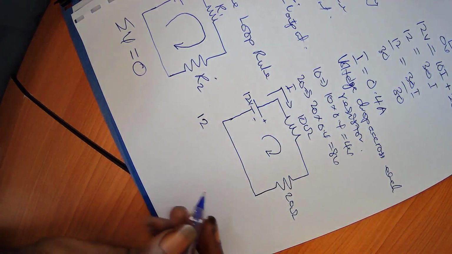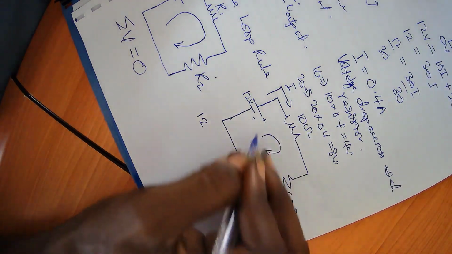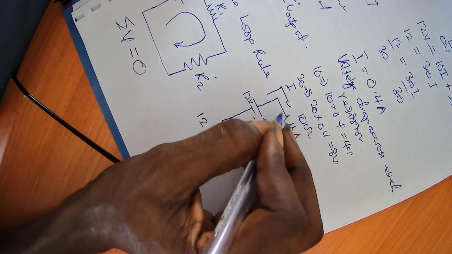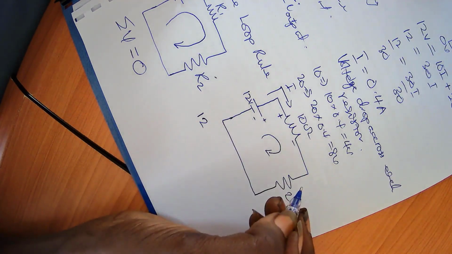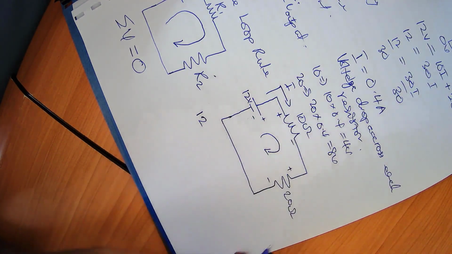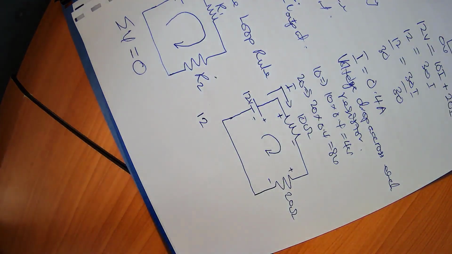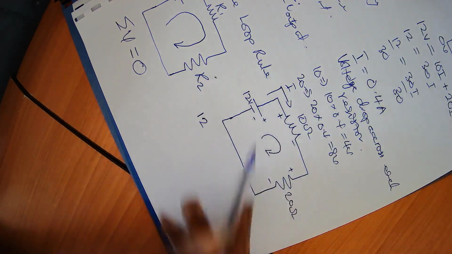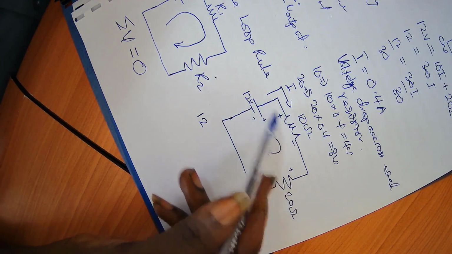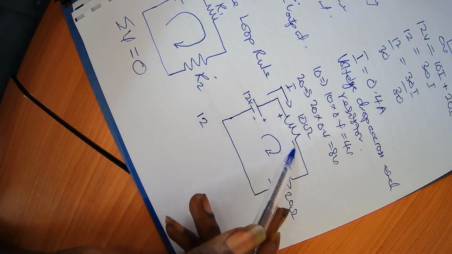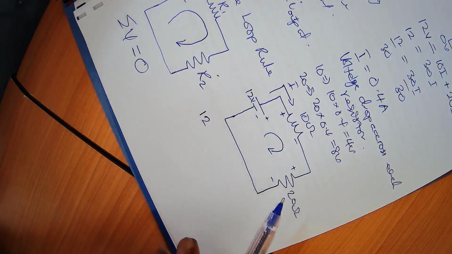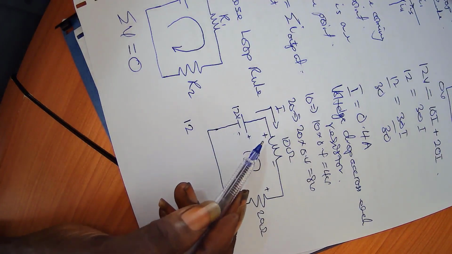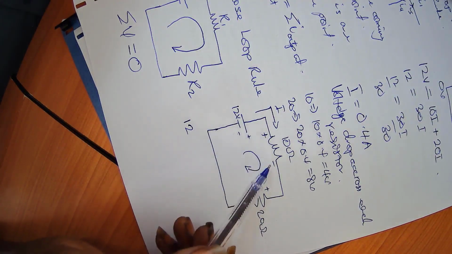Whenever our current is going this way, this place will become positive, here negative, here positive, here negative, because the voltage flows from the higher potential to the lower potential.